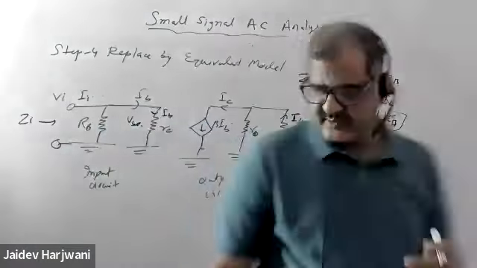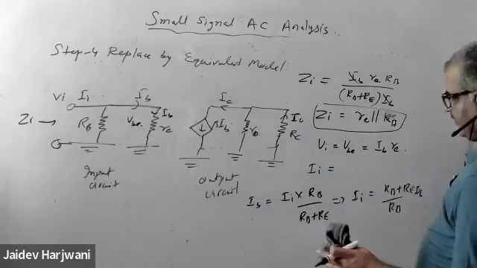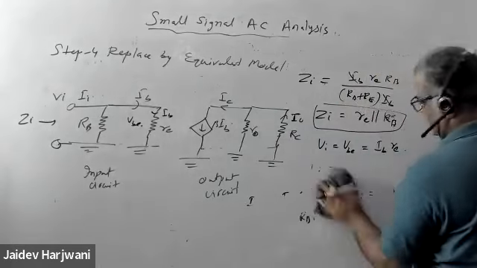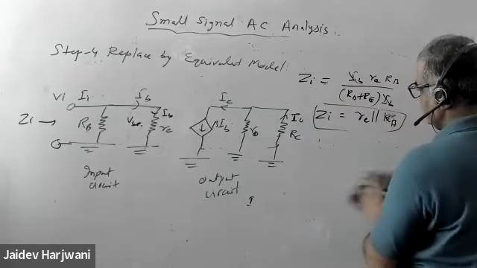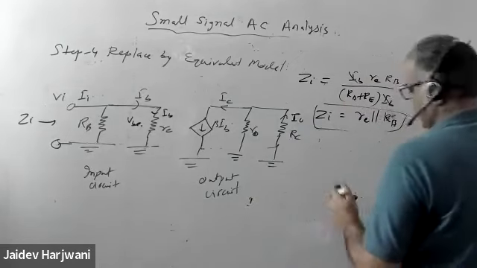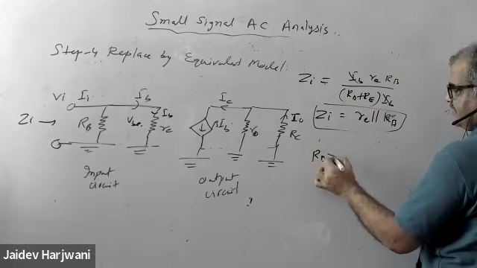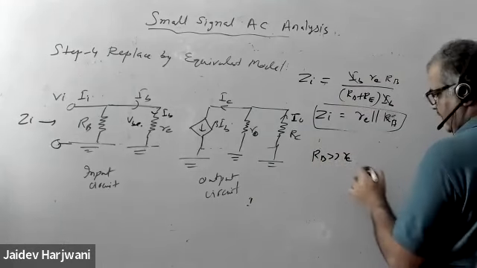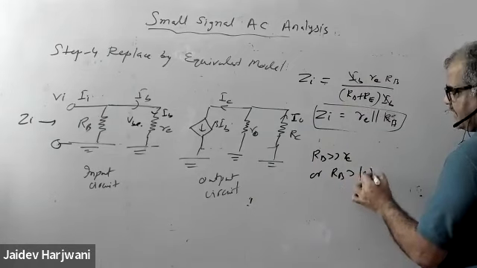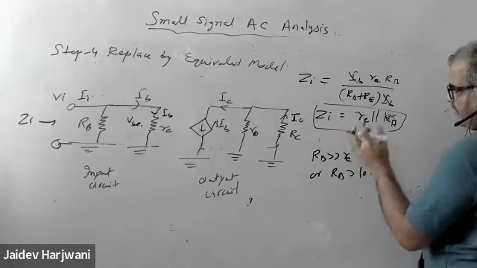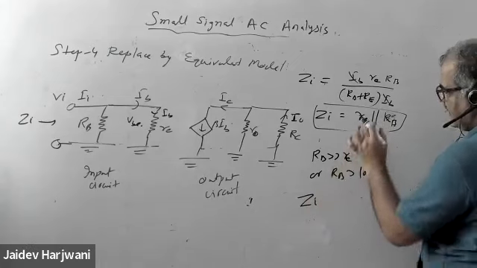So this is your input impedance. Now let me write the next parameter. You have to remember this one, that is RE plus RB. Now if I say RB is greater than RE, or RB is greater than at least 10 RE, then this is a parallel combination, so only RE will dominate.